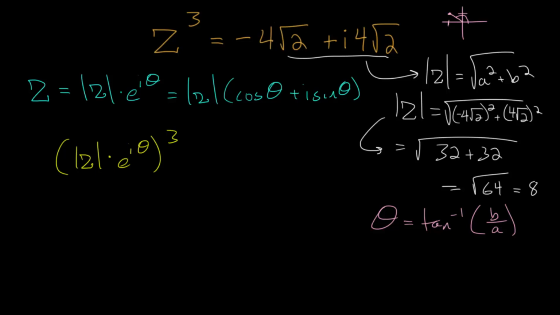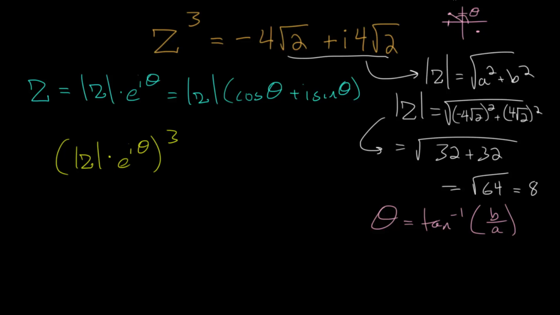But the issue with this formula is that it only outputs values between negative 90 degrees and positive 90 degrees. So when we get a value using this formula, we will actually get the angle down in the fourth quadrant. It will be this point right here, and we will have to add 180 to that to get the correct angle.